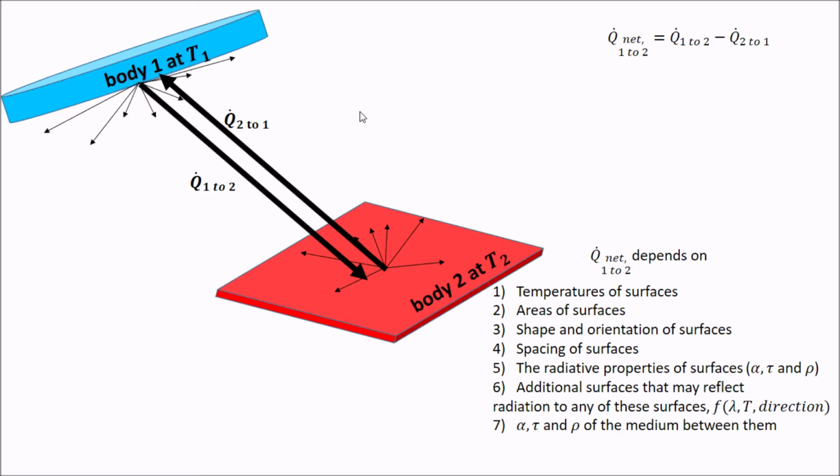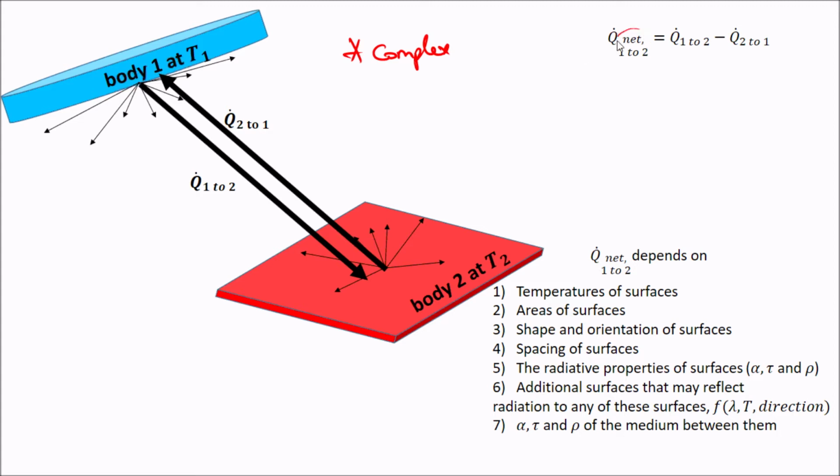Now comes the important part of thermal radiation. Thermal radiation is very complex. We can understand the complexity from this example. Say we have one body at T1 and another body at T2, and we are trying to understand the net heat transfer from 1 to 2.